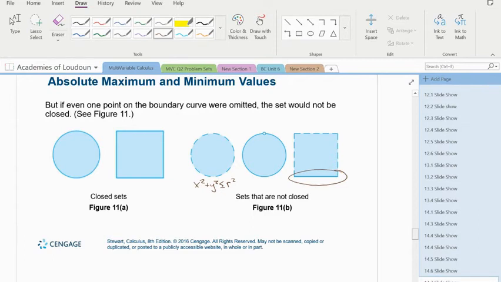Then, in terms of closed and bounded sets, we can state the following counterpart of the extreme value theorem in 2 dimensions.